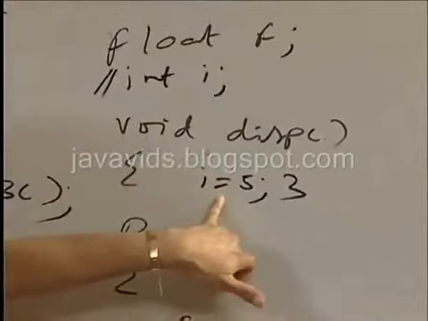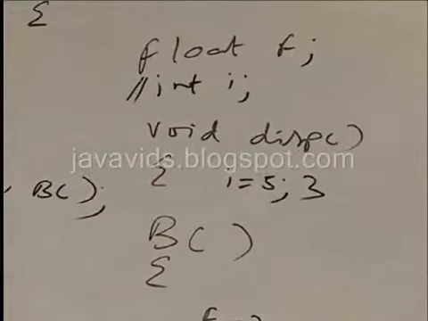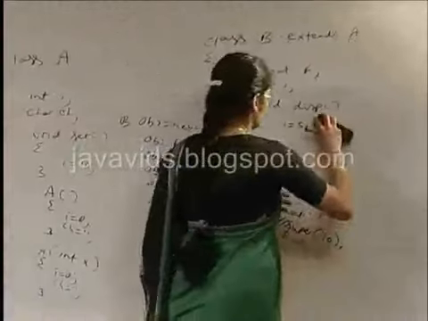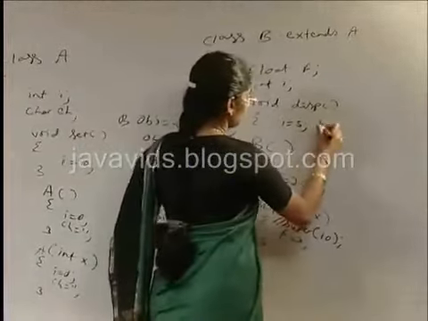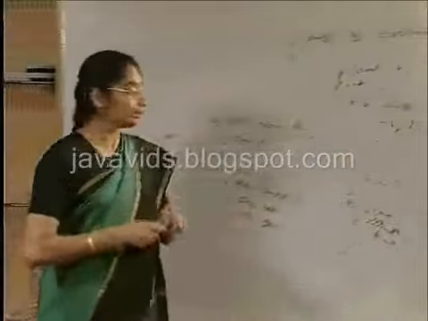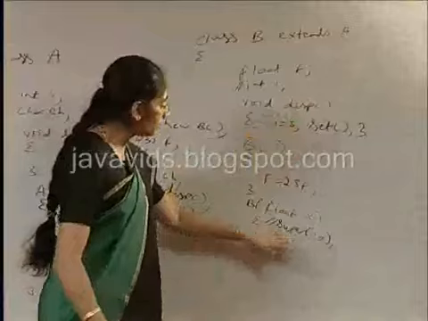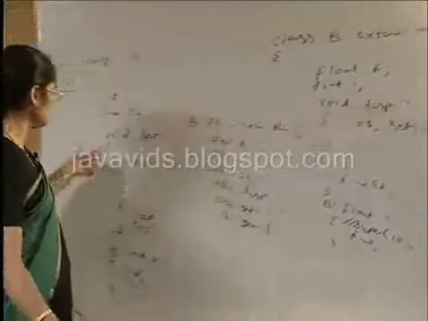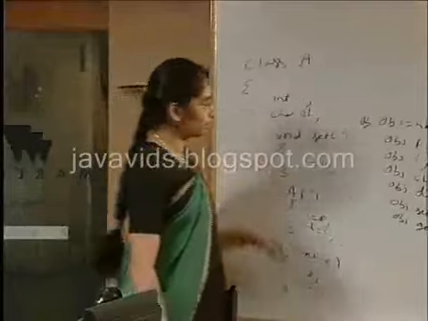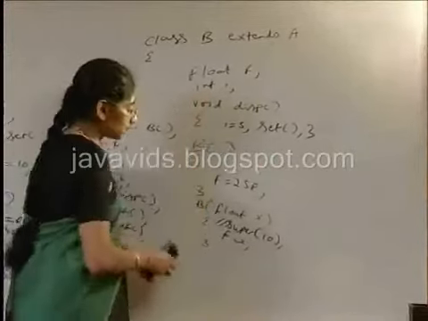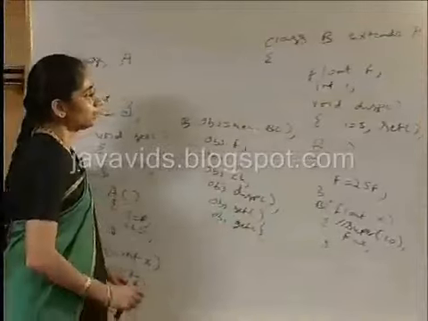So the i that we are talking about here comes from the parent class. Or if we were to invoke the set method here, which set method are we talking about? Since we don't have any set method in the child class, we are talking about the set method of the parent, right? So now let's come back to defining int i in the child class.